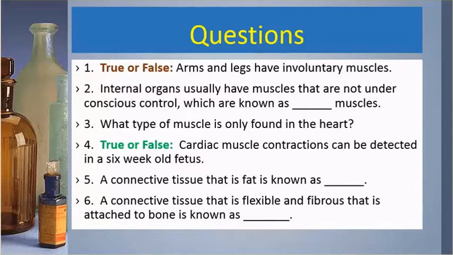Number 1, true or false, arms and legs have involuntary muscles. Number 2, internal organs usually have muscles that are not under conscious control, which are known as blank muscles.